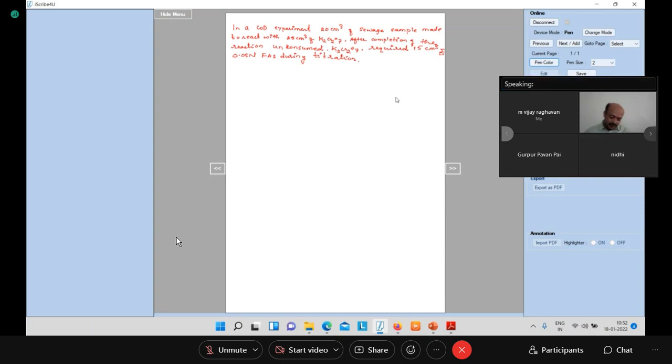The same volume of K2Cr2O7 consumed 25 cm cube of 0.05 normal FAS in blank titration.